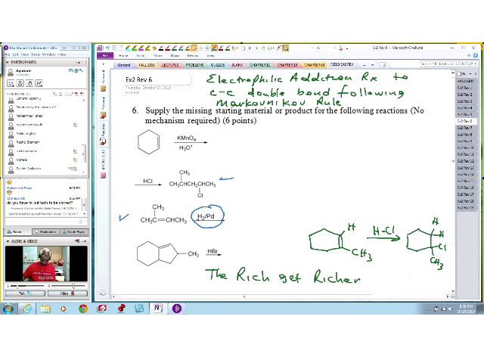Okay. What this reagent does is to add 2 hydrogen atoms across the carbon-carbon double bond in such a way that those 2 hydrogen atoms will be cis to each other. In other words, this is a cis addition reagent.